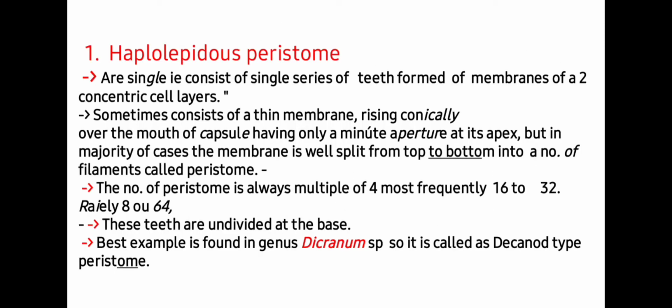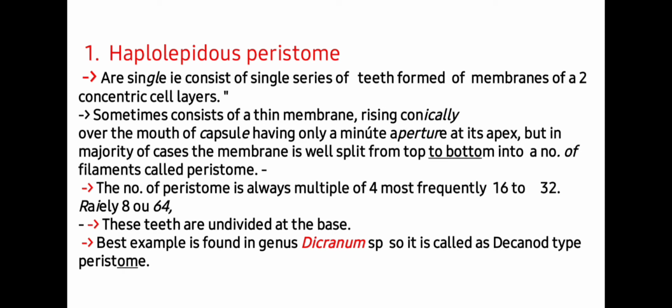So the first type is the haplolepidous peristome. These are single layered and consist of a single series of teeth formed of membranes of 2 concentric cell layers. Sometimes they consist of a thin membrane rising conically over the mouth of the capsule, having only a minute aperture at the apex. But in the majority of cases, the membrane is split from top to bottom into a number of filaments called peristome teeth.